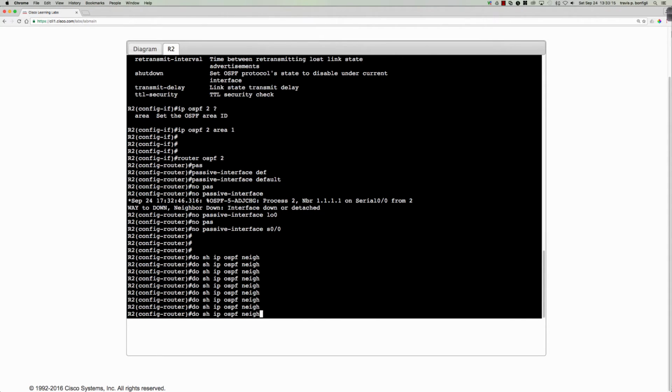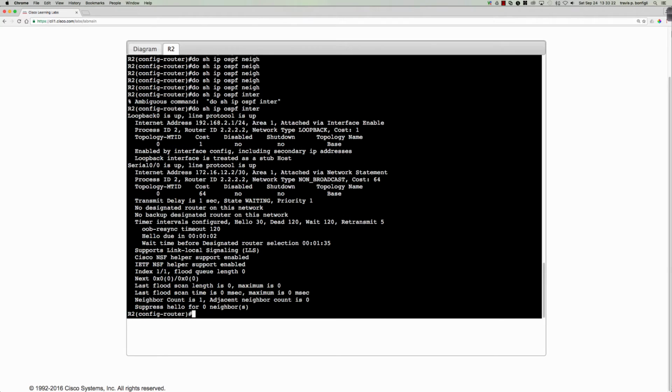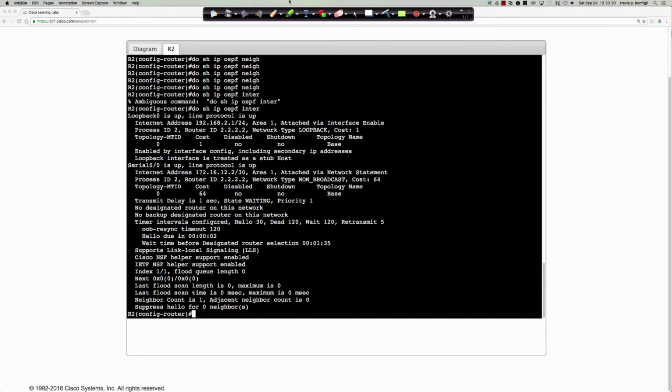But one of the other things to notice is just like we say show ip eigrp interfaces, I can say show ip ospf interfaces. Now let's take a look at this output here, because it is chock full of a number of important pieces of information. So we can see from the output that we've got loopback 0.